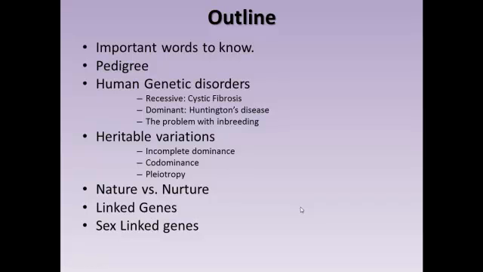Now this is essentially what we went over: important words, what a pedigree is for humans, common genetic disorders, recessive versus dominant. Oh, and I forgot to talk about inbreeding. Basically, the issue with inbreeding, in genetic terms, is that when individuals that are more closely related mate, and there is a defective recessive gene, it will appear more frequently in a population that breeds only within that small population.